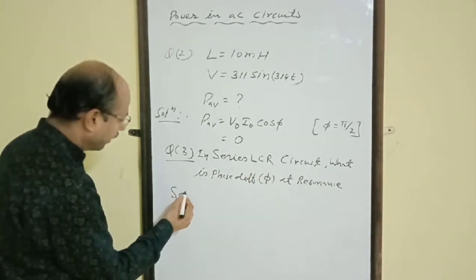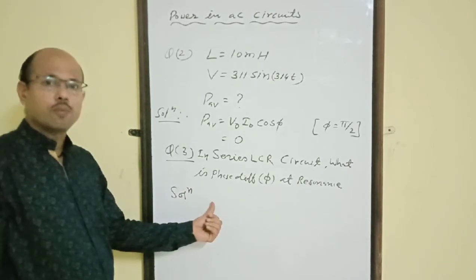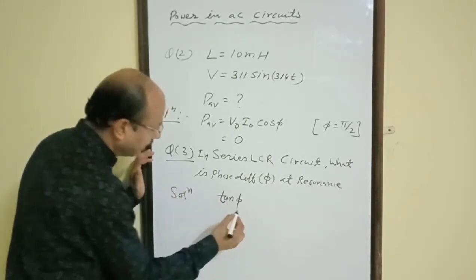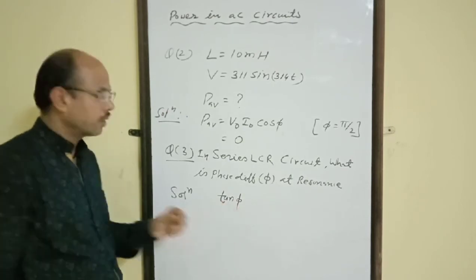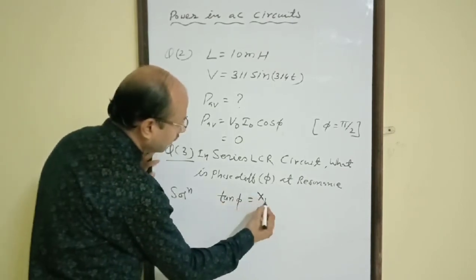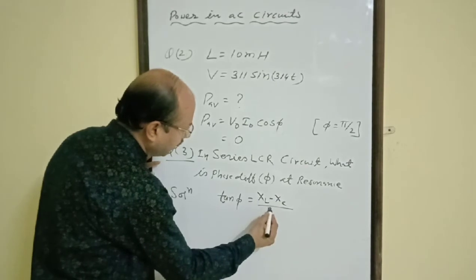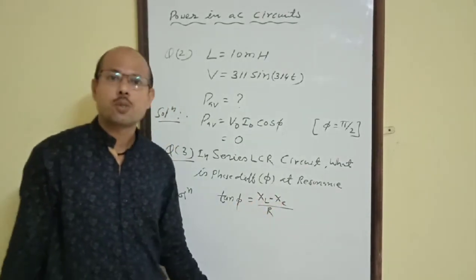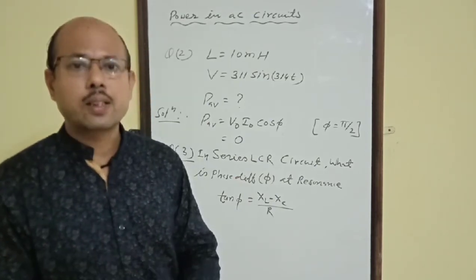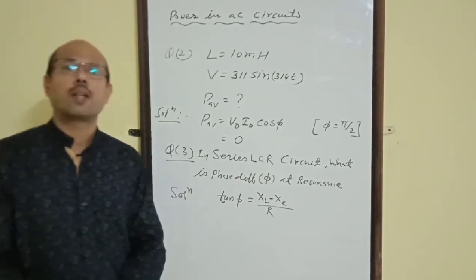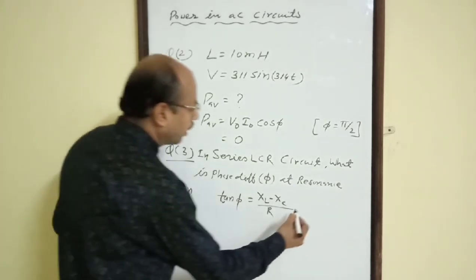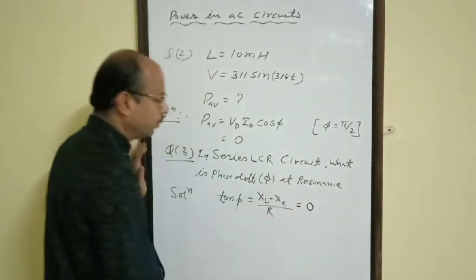The solution will be like this. We know that for a series LCR circuit, tan phi is XL minus XC by R. And we know that resonance is the situation at which inductive reactance and capacitive reactance have the same value, therefore it will become 0.